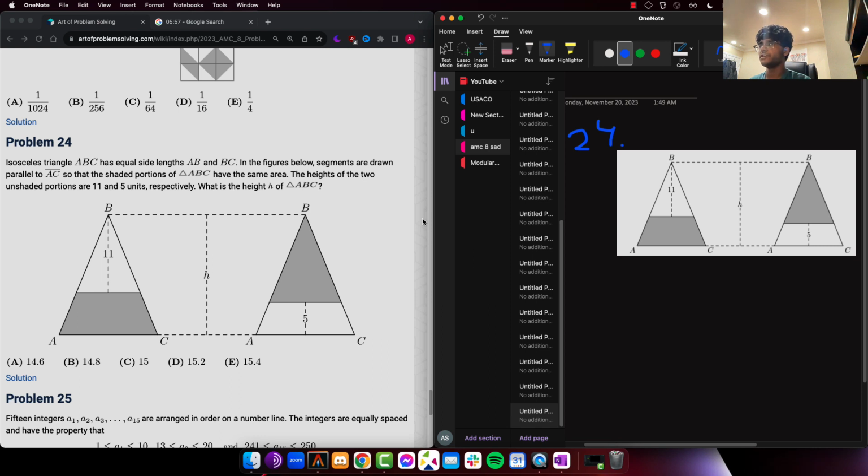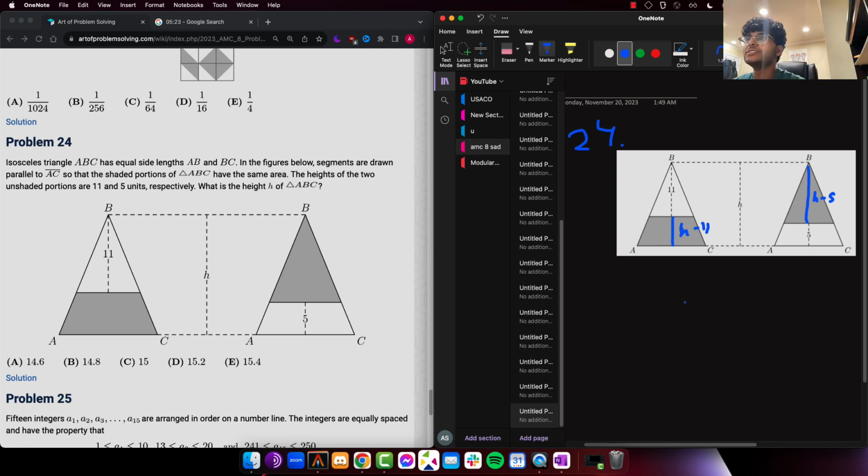Oh, they have the same area. So this is H minus 5. This is H minus 11.